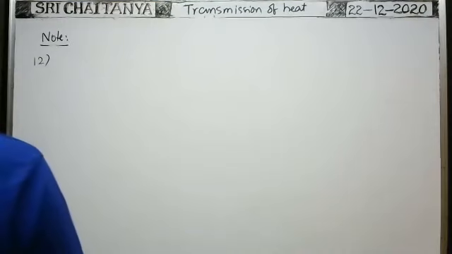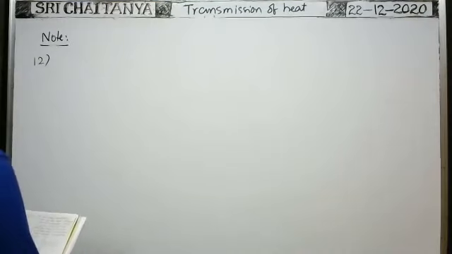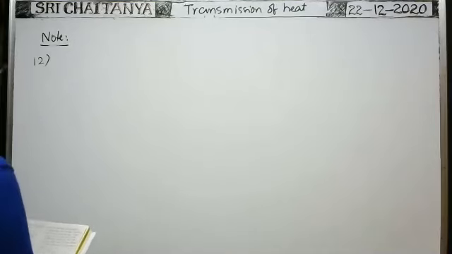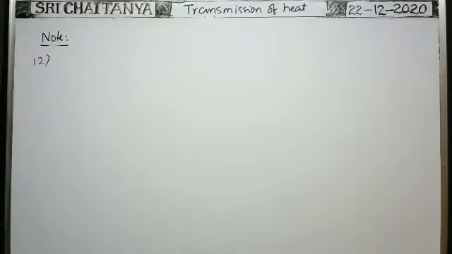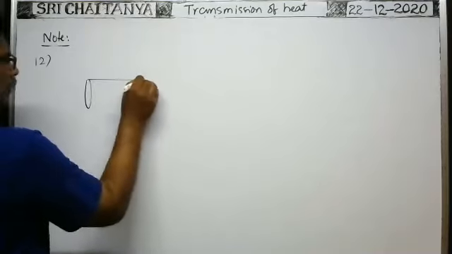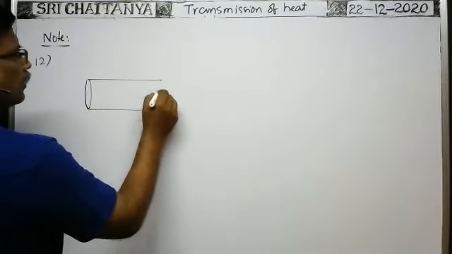What is the heat energy transmitted through a rod whose coefficient of thermal conductivity varies linearly from K1 to K2 from one end to the other, having length L and uniform area of cross section A, when maintained at a temperature difference of delta theta? Suppose there is a uniform rod.